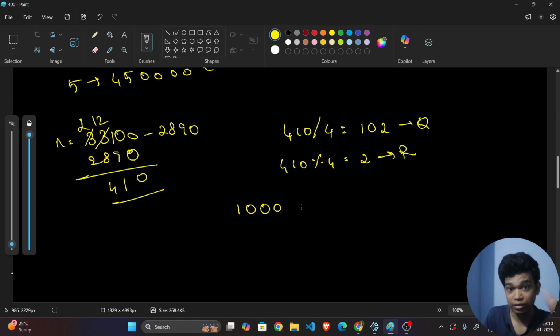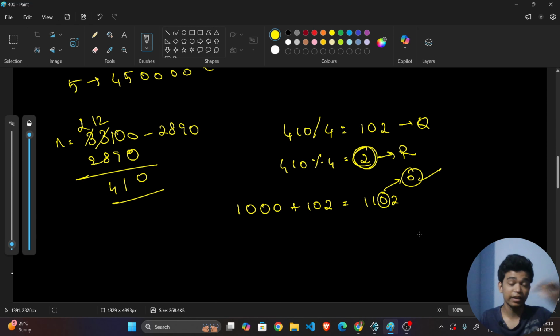So this is the first 4-digit number, 1000, plus the quotient, which is 102, which is equal to 1102. And what is the remainder? It is 2, which means take the second digit in this value. What is the second digit in this value? It is 0. So the remainder is 0. Sorry, the return value is going to be 0. The output is 0. Can you understand this?